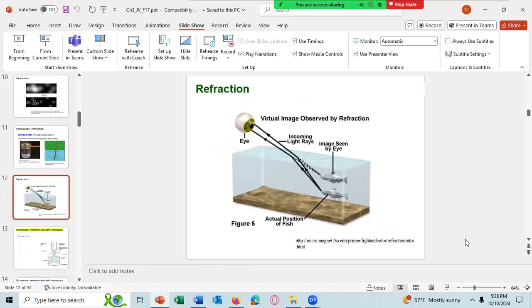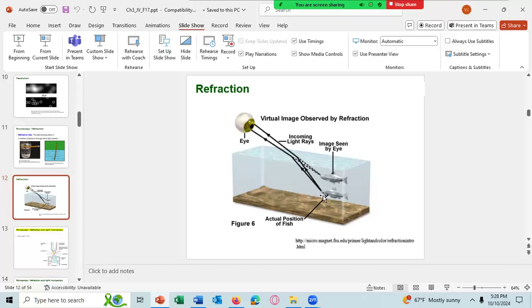This refraction of light is actually very important for life. For example, a fish in the water will look like it's in this position to the bird's eye. And the bird instinctively knows that the fish is not at this position. It'll put its feet down lower to catch the fish, which is actually in this position.